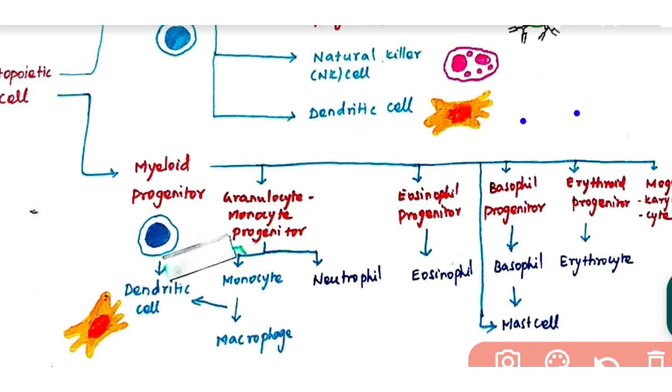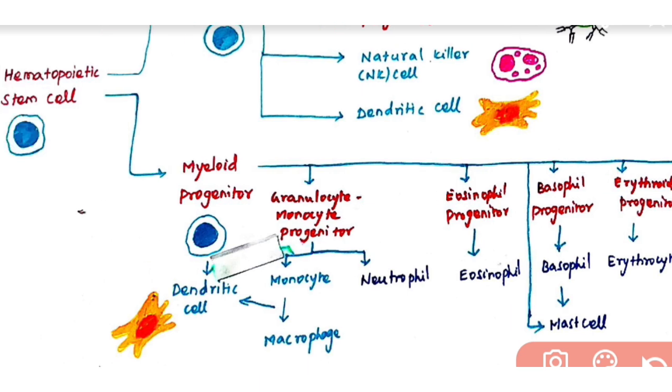The cells which arise from myeloid progenitor are granulocyte monocyte progenitor, dendritic cells, eosinophil progenitor, basophil progenitor, mast cells, erythroid progenitor and megakaryocytes. The granulocyte monocyte progenitor differentiates into monocyte and neutrophil. Monocytes circulate in blood and differentiate into macrophages and dendritic cells in the tissues.